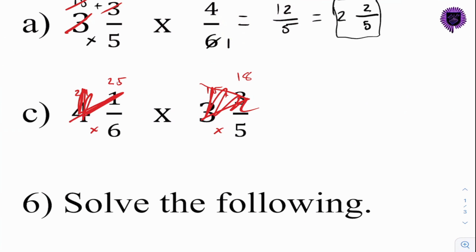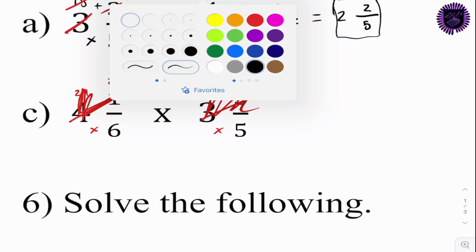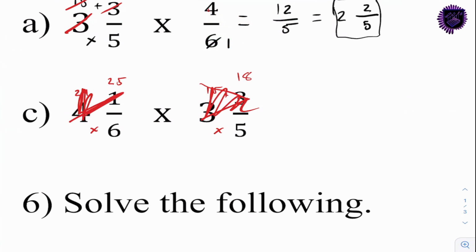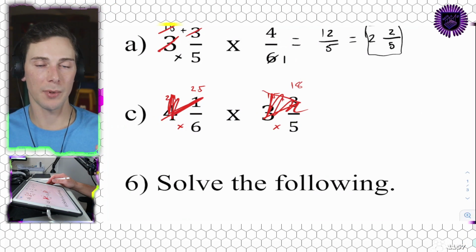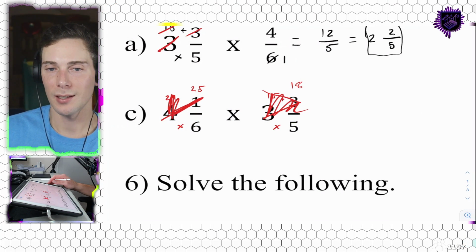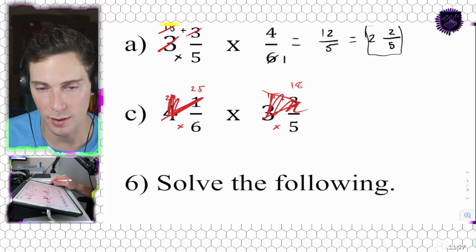That we do not need. We have 25/6 times 18/5. Oh, wow, that's a big number. Big brain. But do I actually need to have a big brain to multiply these? Kind of. Or a calculator.